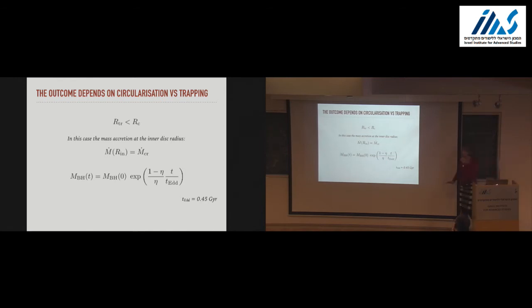In this disk, the accretion rate through the innermost stable circular orbit is the critical value. This is just a reminder. In this disk, we are not going above this. And the black hole mass increases exponentially with a time scale of 0.5 gigayear.